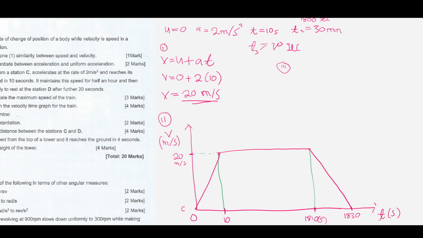For retardation, we can use the same equation, which is v is equal to u plus a t, but we just have to make a the subject of the formula. So a will equal v minus u over t.